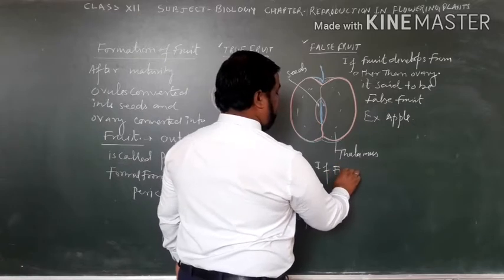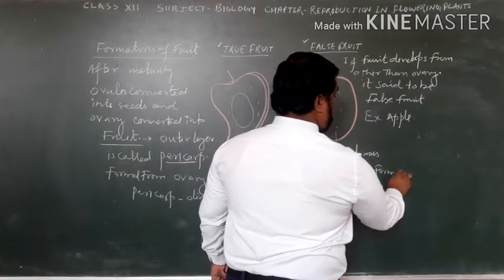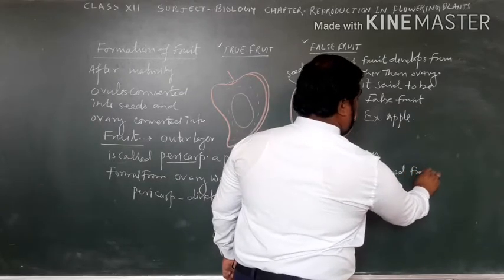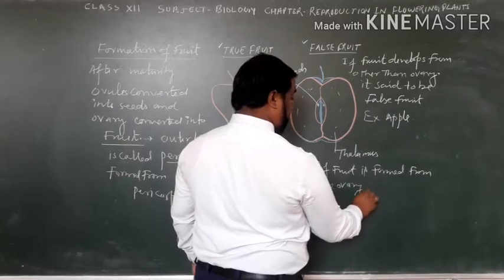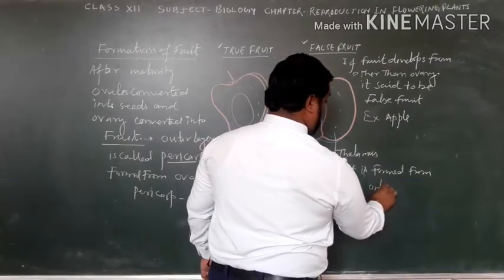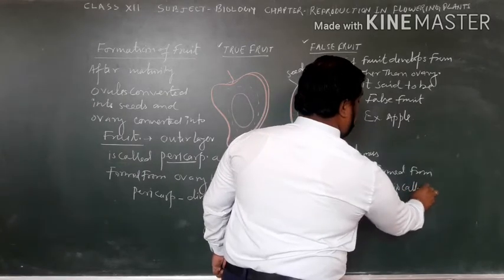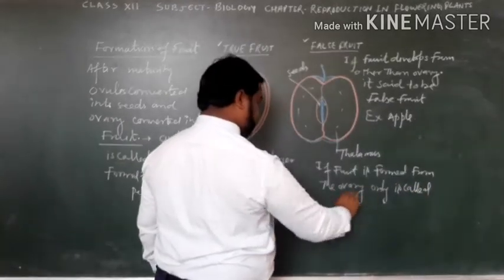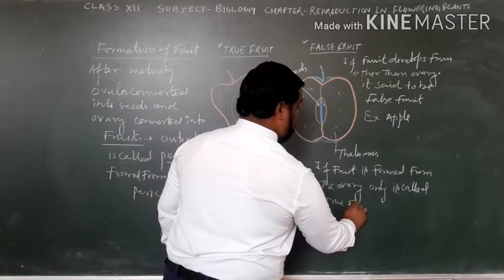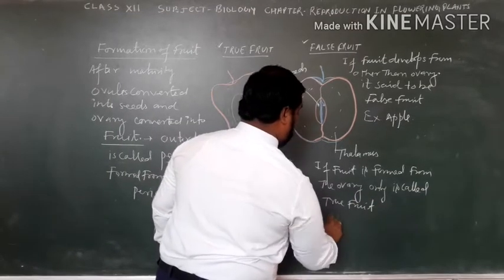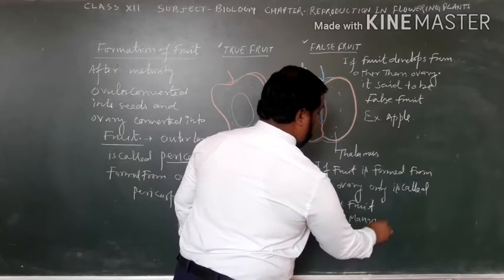Now the second one, true fruits. If a fruit is formed from the ovary only, it is called a true fruit. Example: mango.